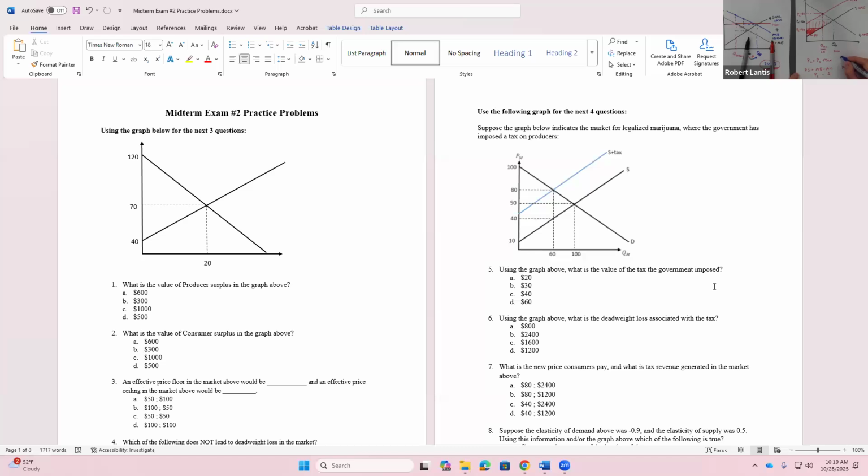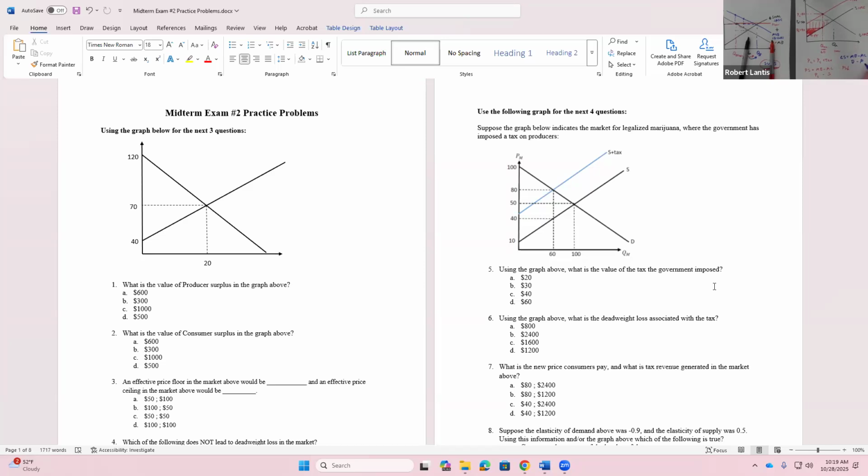What about consumer surplus? That's the difference between the marginal benefits and marginal cost to the consumers. What's their marginal benefit represented by? Should hopefully be very quick responses. The demand curve. What's the marginal cost of the consumer? When you buy something, the cost to you is the price, right?